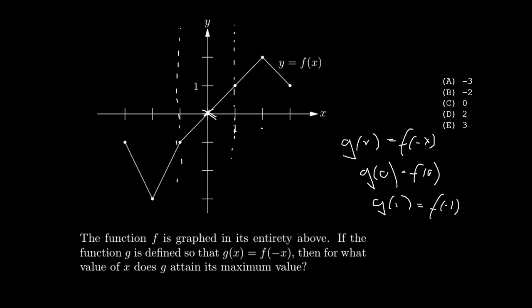So the value of the f function at x equals negative 1 is negative 1. The g function would have this value at x equals 1.